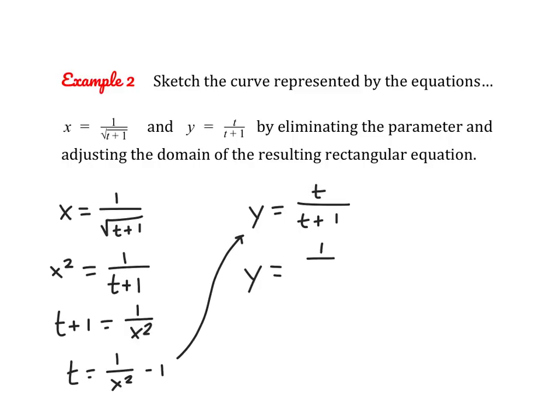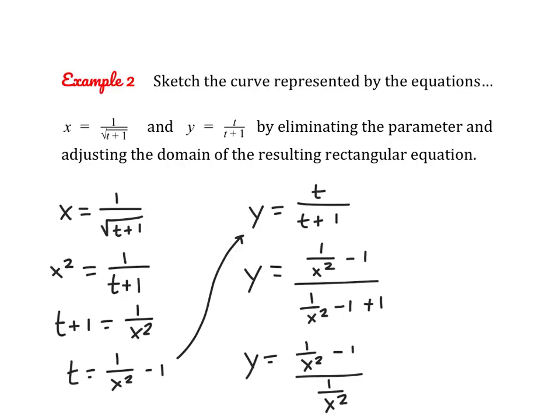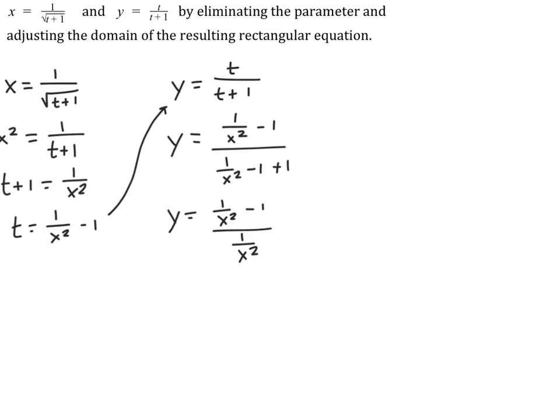So I'm going to take that and substitute it into our other equation. So we have 1 over x squared minus 1 over 1 over x squared minus 1 plus 1. So those are going to cancel out. And then I can simplify this by either multiplying by the reciprocal of our denominator, or just by multiplying the numerator and the denominator by x squared.